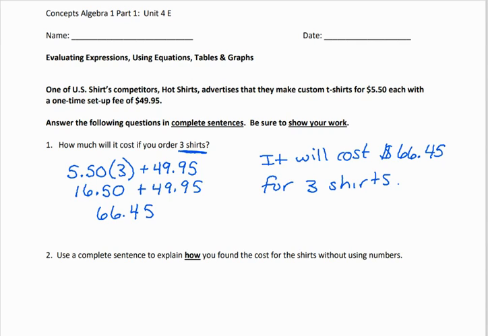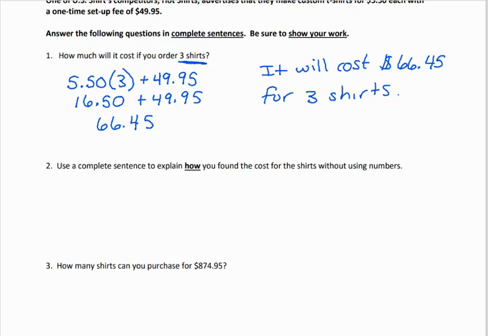Does anyone want to share their words? What operation did we do first? Good, I multiplied. Max, sorry, I saw you starting to talk. What did we do? Multiplied what? We multiplied the cost of each shirt by the amount of shirts.